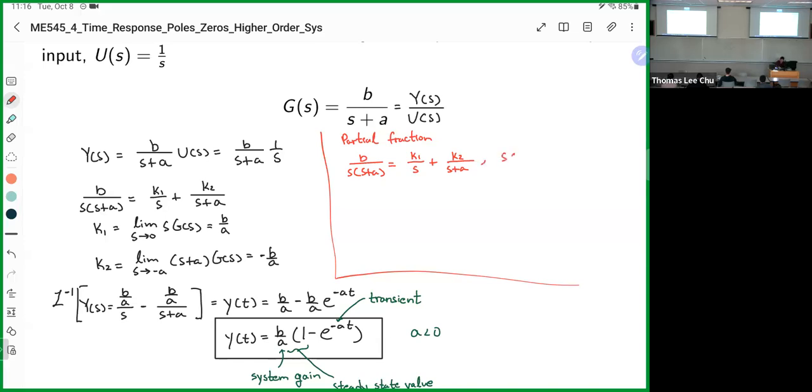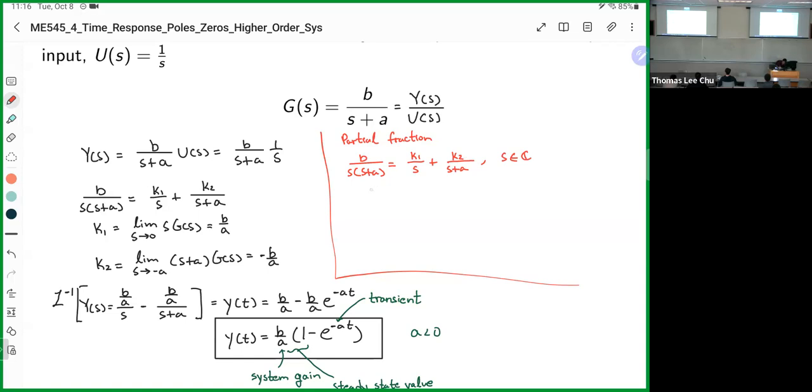One thing to note is S can be any number I want. It can be complex, it can be real. This is the complex domain. And this equation will always hold true, no matter which values of S I choose.